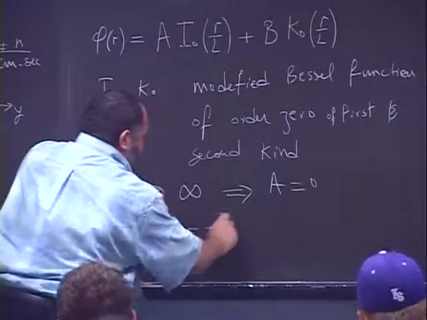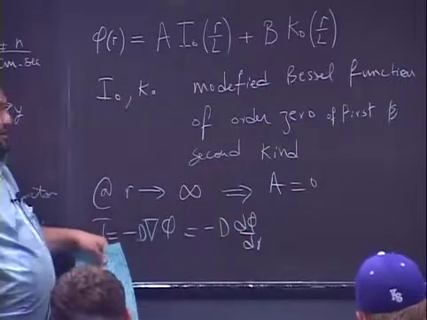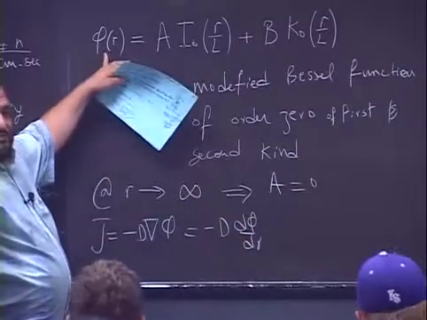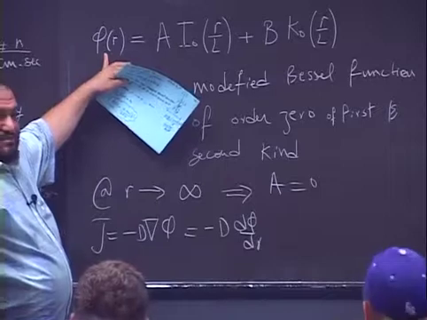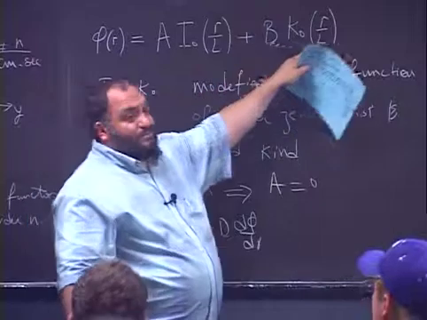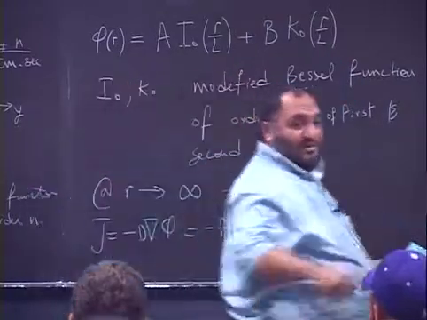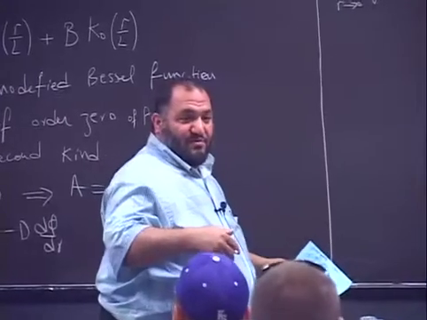It will be negative d phi by dr. So you differentiate this, and we already eliminated A, so you only take this differentiation for this term only. And then you will get B from there.